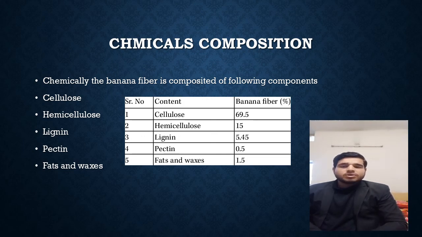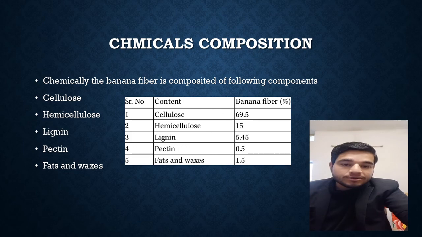Cellulose has about 69.5% and hemicellulose is about 15%. Lignin is about 5.45% and pectin adds up to 0.5%, and finally fats and waxes are 1.5% present in the structure of the banana fiber.